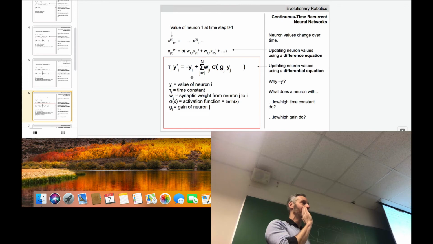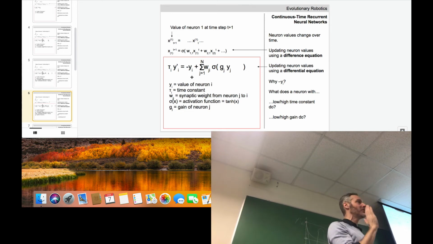J starts yelling at I louder, right? If we turn W sub JI down towards 0, then J yells softer and softer at I until J is not saying anything at all to I. As W reaches 0, J has no influence on I, right? So why the gain term?